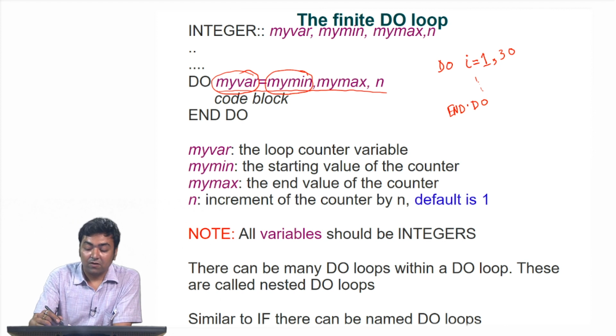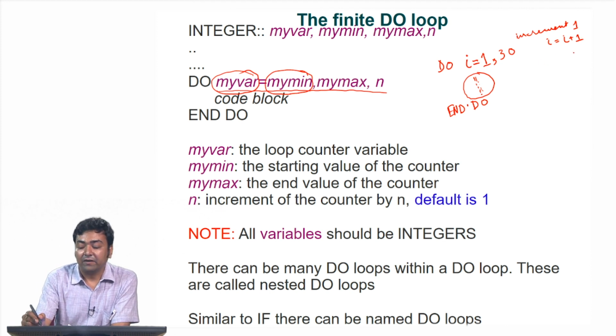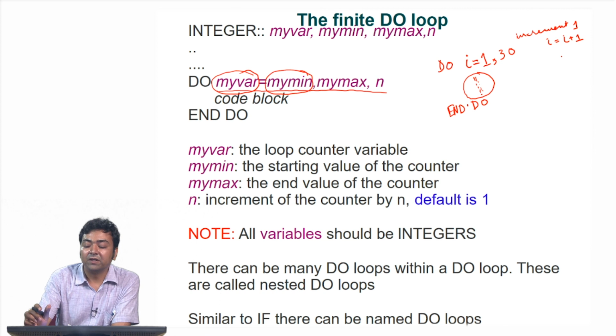In this case, every time the set of instructions present here is executed, the counter increment is 1. So, the code automatically sets I to I plus 1, but suppose I do not want that, I want the increment to be 3.